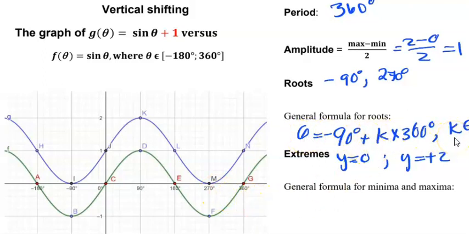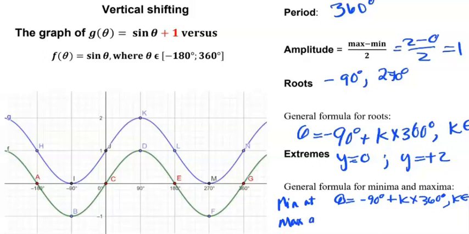So the minima at theta equal to minus 90 degrees plus k times 360 degrees, where k is an element of Z, and the maxima will be at theta equal to, we can start at 90 degrees and then we say plus k times 360 degrees, where k is an element of Z.